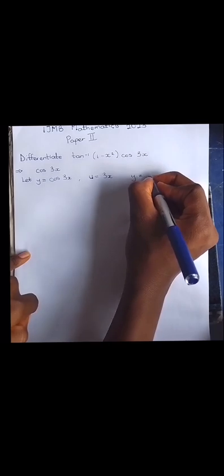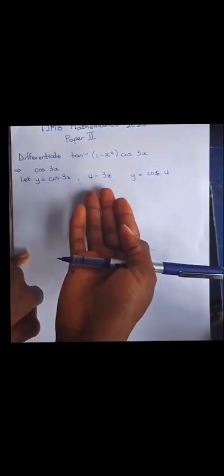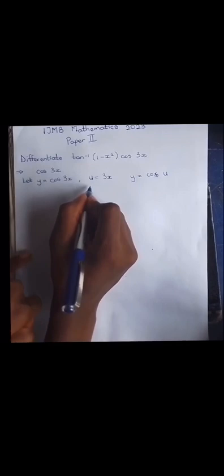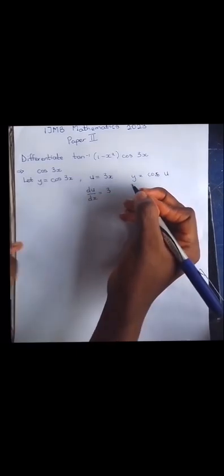First of all, let's say let u be equals to 3x. Therefore, y will be equal to cos u, since u is now 3x. So now differentiating 3x, du dx is going to be 3.